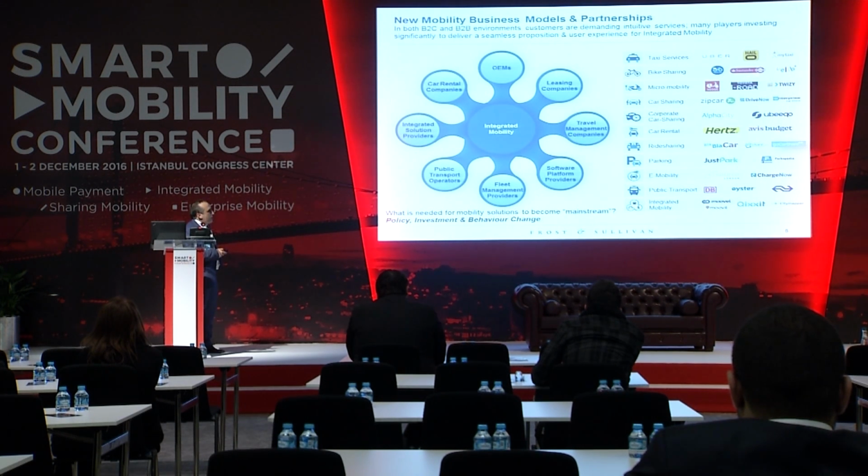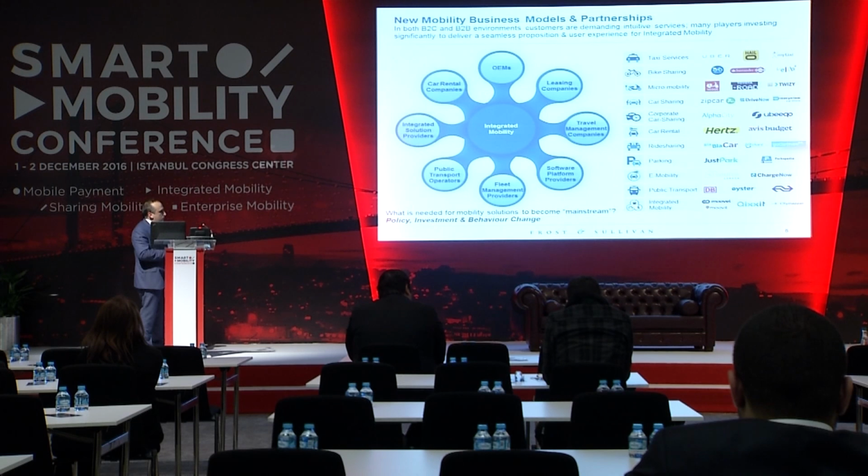For bike sharing, we have Velib from France. For car sharing, Zipcar, Drivenow. In Turkey, we also have Drive.io, and so on. For parking, it's also another important area. JustPark is the leading company. We have BlaBlaCar as a leading company.